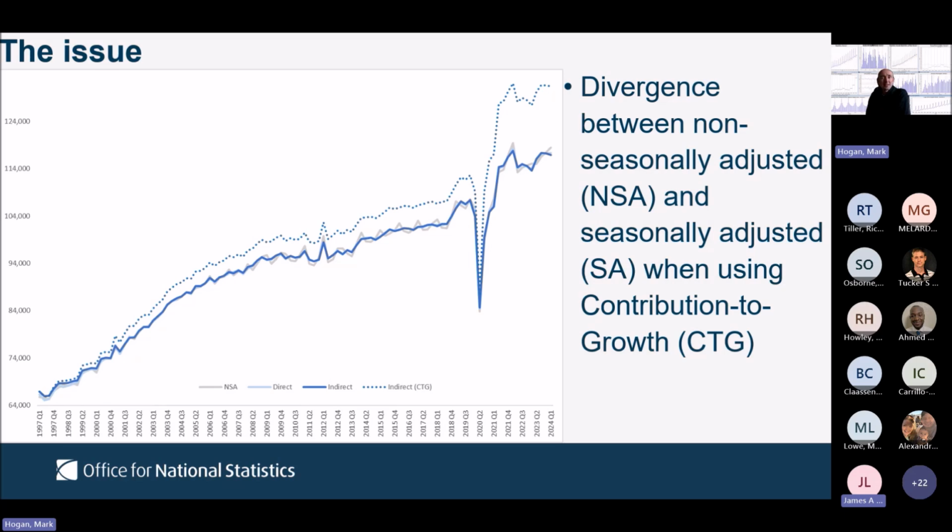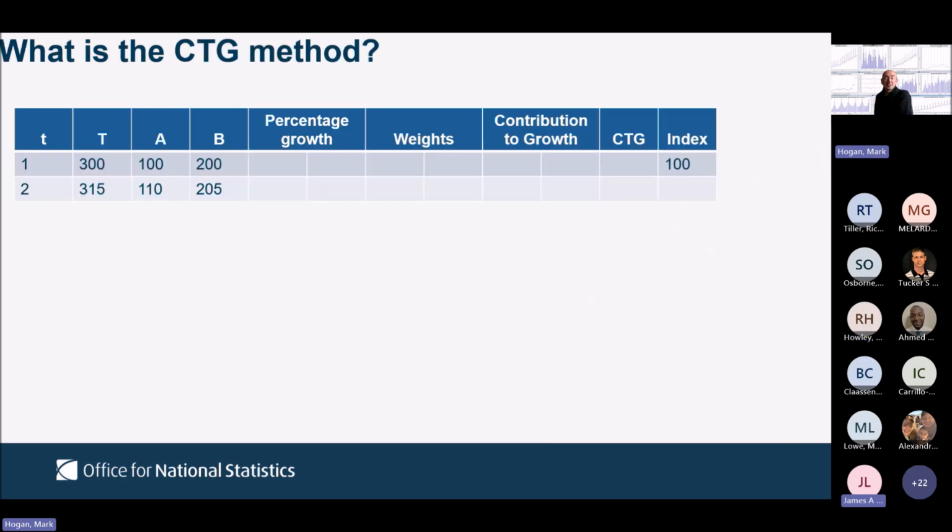Before I go any further, I'll explain a bit more about the contribution to growth method. This is a method the business area uses to create an index from components. To keep things simple, if we assume we have one series T, which is simply the sum of the components A and B, we first calculate the percentage growths for each of the component series, and then we calculate the weights. In this case, it's the value of that component as a percentage of the total in the previous time period.